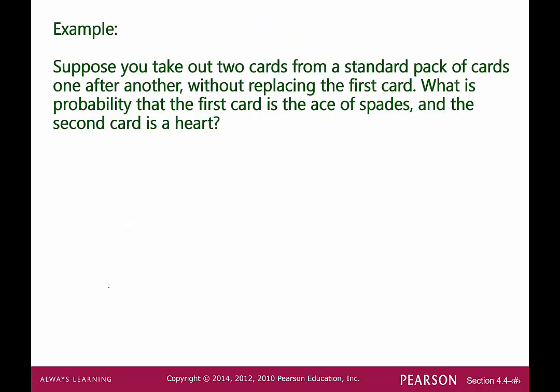Let's take a look at this example. Suppose you take out 2 cards from a standard pack of cards, one after another, without replacing the first card. So without replacement here. You pick the card and remove it from the standard deck of cards. What's the probability that the first card is the ace of spades and the second card is a heart?